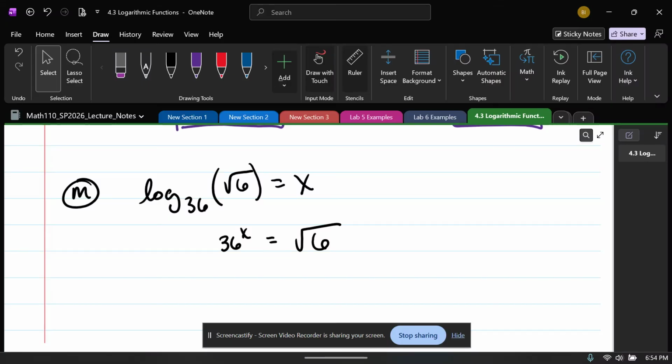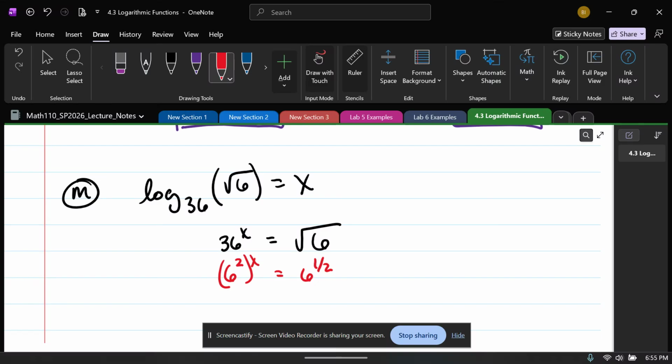This is kind of taking us back to section 4.2, where we've got numbers on both sides and actually exponents. This is where knowing the fraction exponent stuff is important, and being able to convert back and forth. I'm going to write that as 6 to the 1/2. And then 36 is really 6 to what power? Not just x, but 36 is 6 squared.